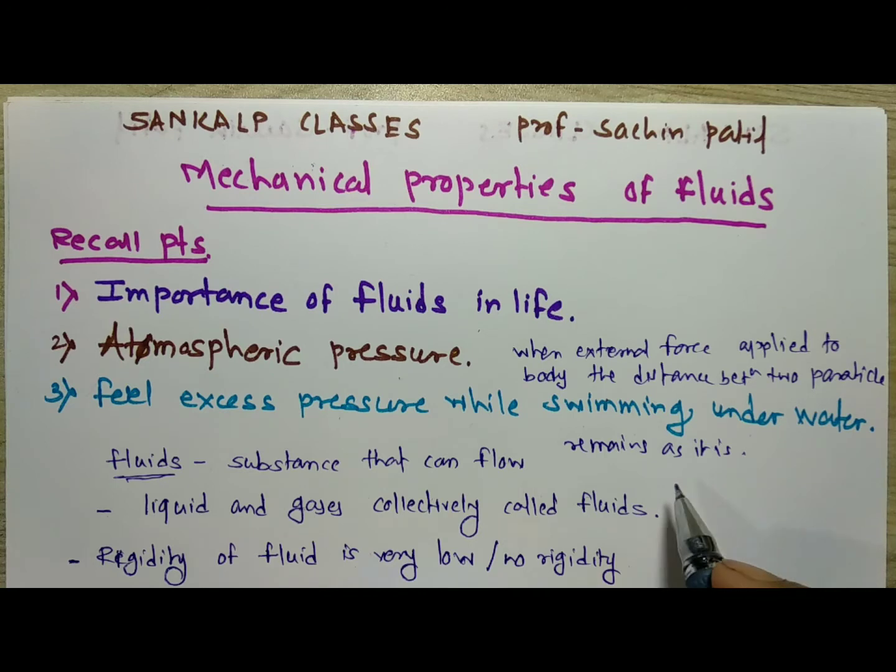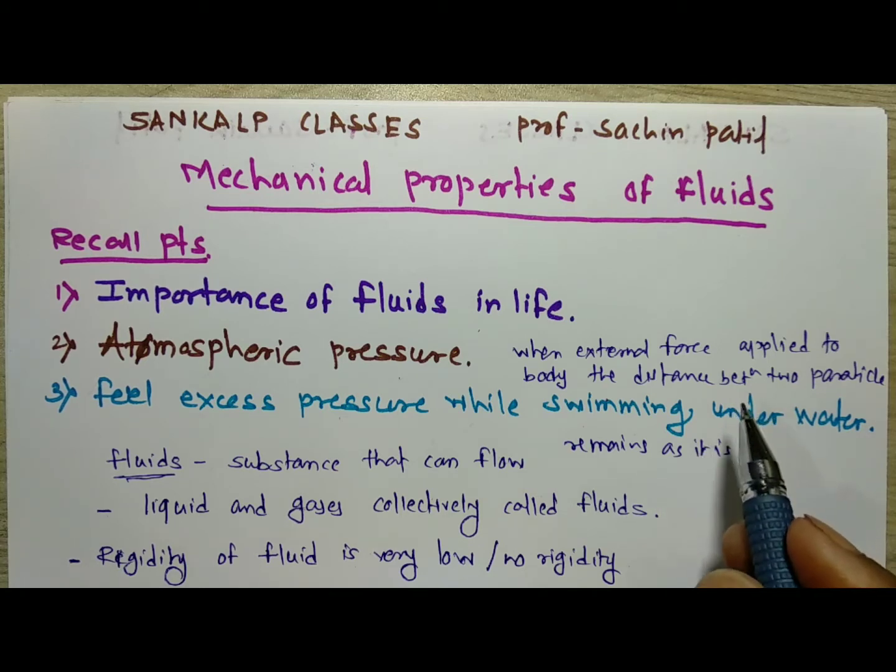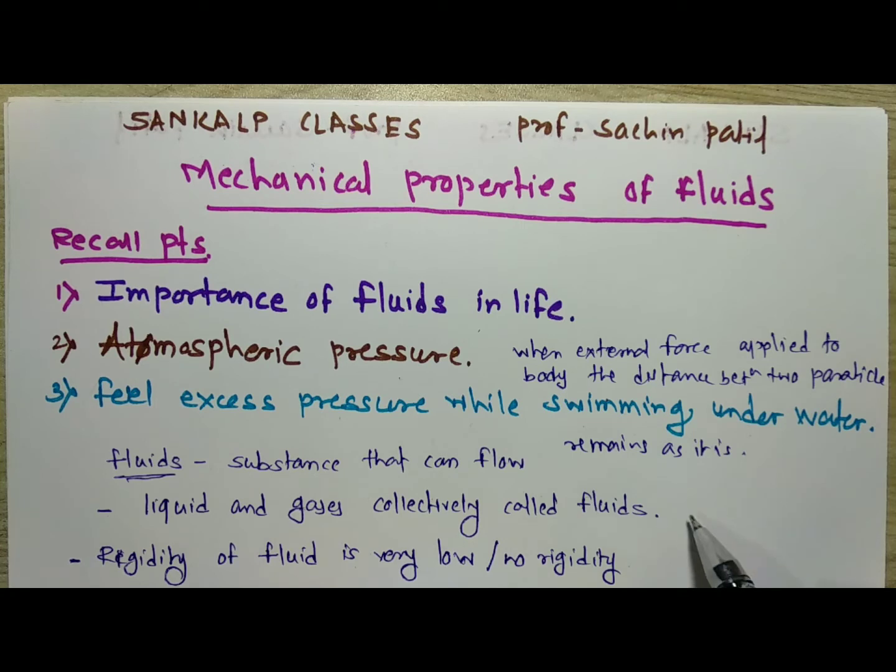That means a solid is considered a rigid body, but an ideal rigid body is not available in the universe, because each and every substance present in our universe changes its dimension or shape when we apply even a little bit of force on it.